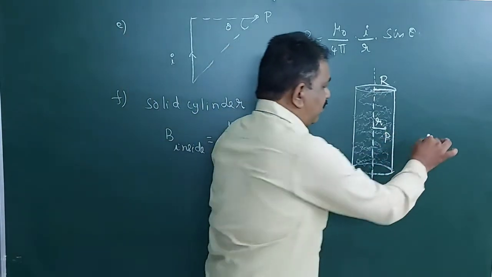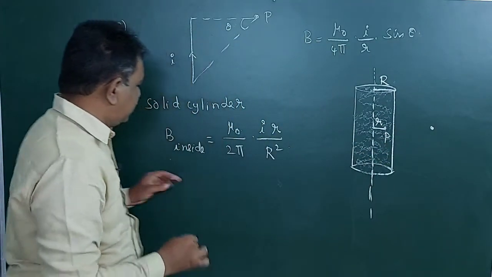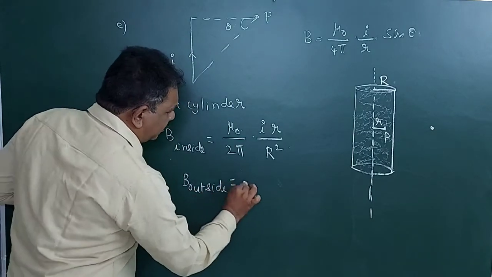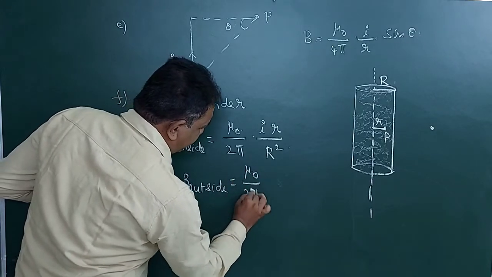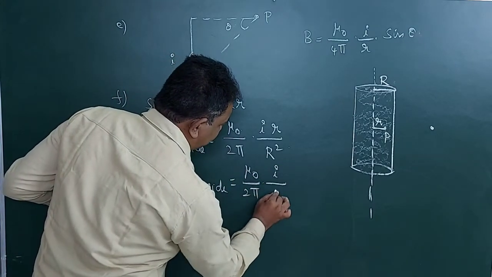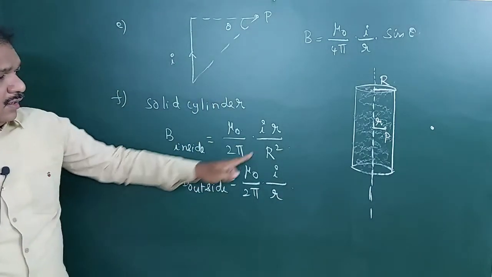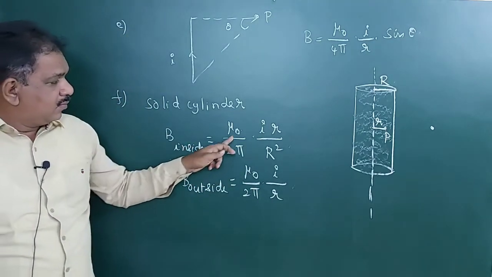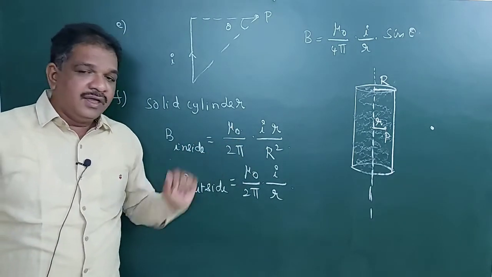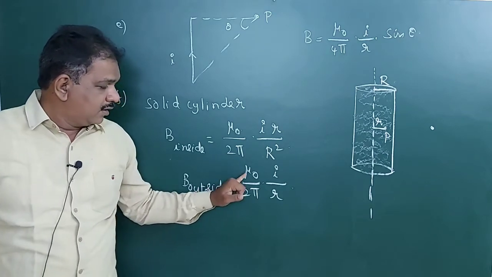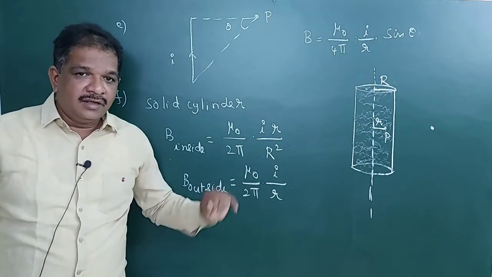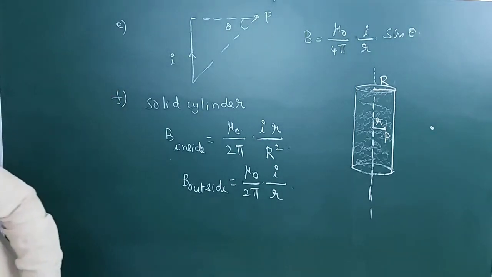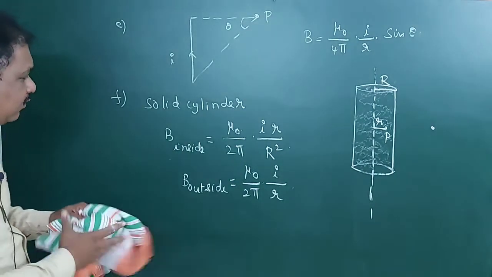If we take the point here, then B outside will be mu naught by 2 pi I by small r. Okay, just like an infinite long wire. So inside mu naught by 2 pi I r by R square, outside mu naught by 2 pi I by small r.